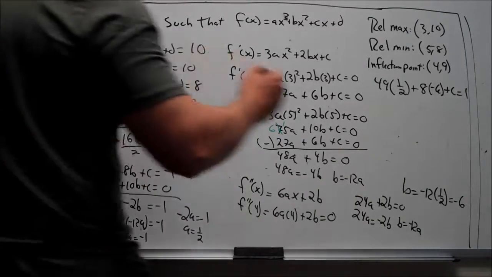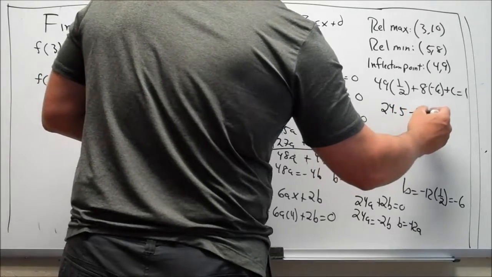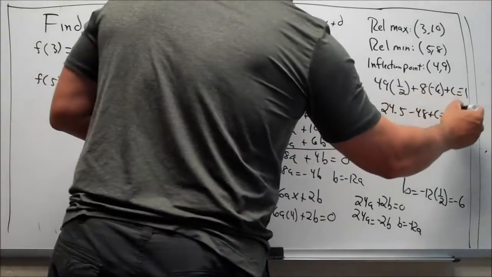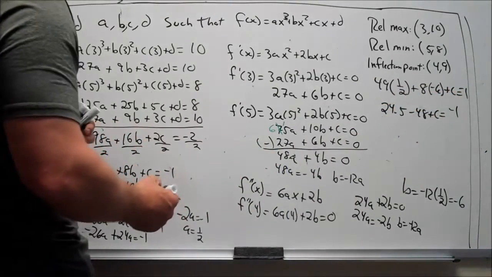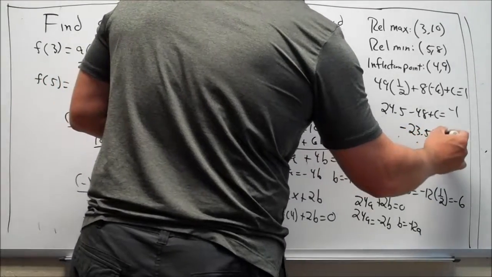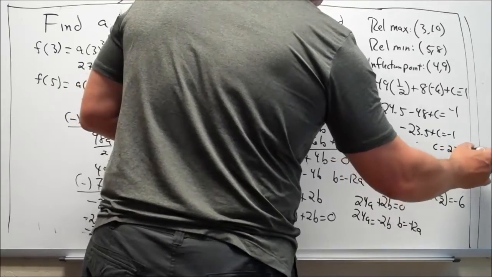So this is going to be 24.5 minus 48 plus c equals negative 1. So negative 23.5 plus c is negative 1.